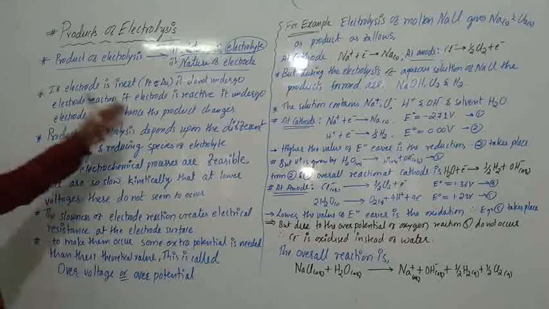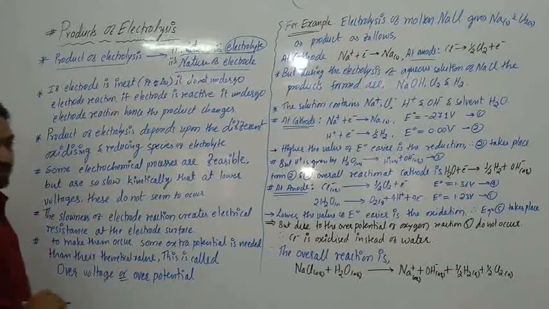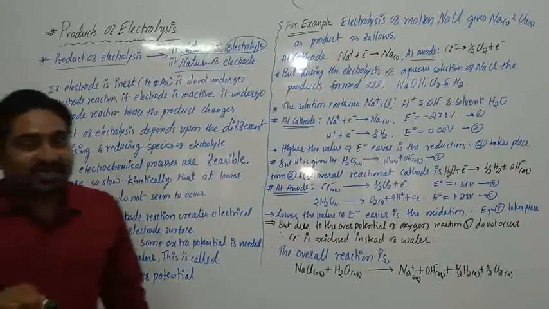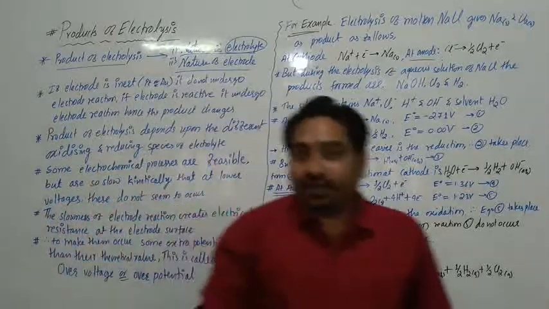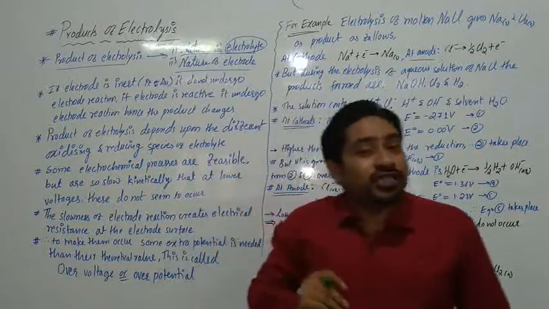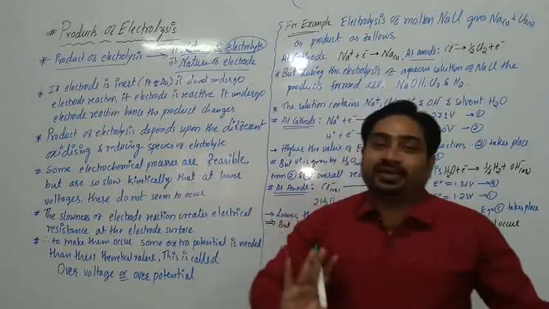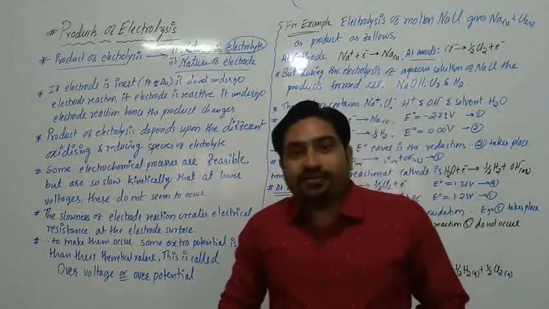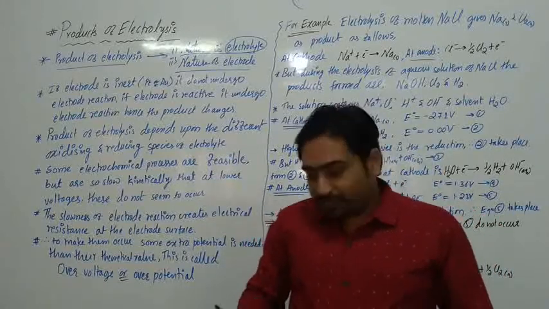Okay, so let us discuss this deeply. If the electrode is inert, what does inert electrode mean? The electrode which just behaves as a platform for the chemical reaction, but does not itself undergo the chemical reaction. It just behaves as the source of electrons or sink of electrons.